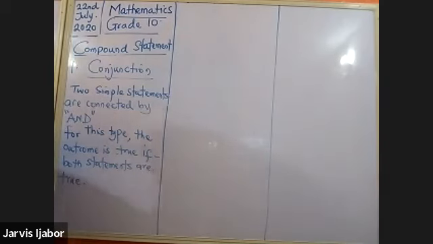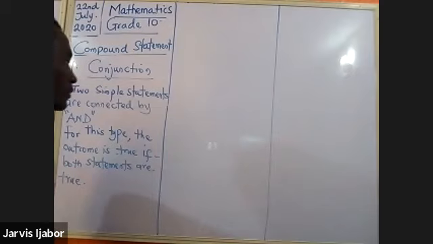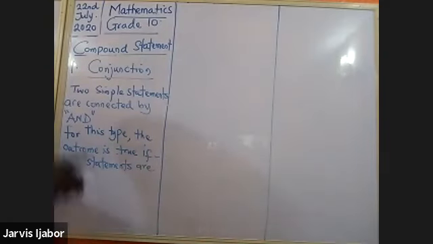You need to write a lot now. Please, this is not the time to sit down and watch. You really need to be writing. It's a very sensitive aspect of maths. Two simple statements are connected by what? And. For this type, the outcome is true if both statements are true.